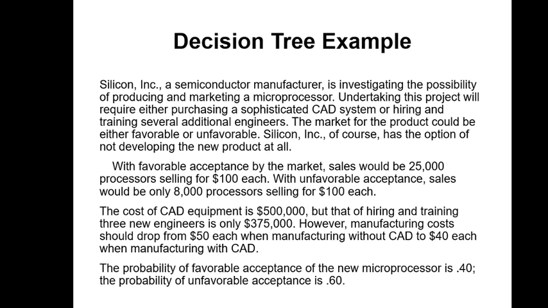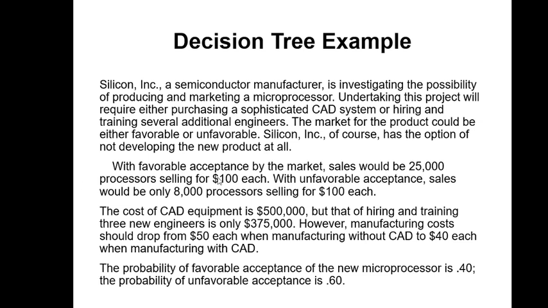So we have three options: to purchase the CAD system, or to hire 3 engineers and do the microprocessor, the raw material, ourselves. And the third option for the company is to do nothing.